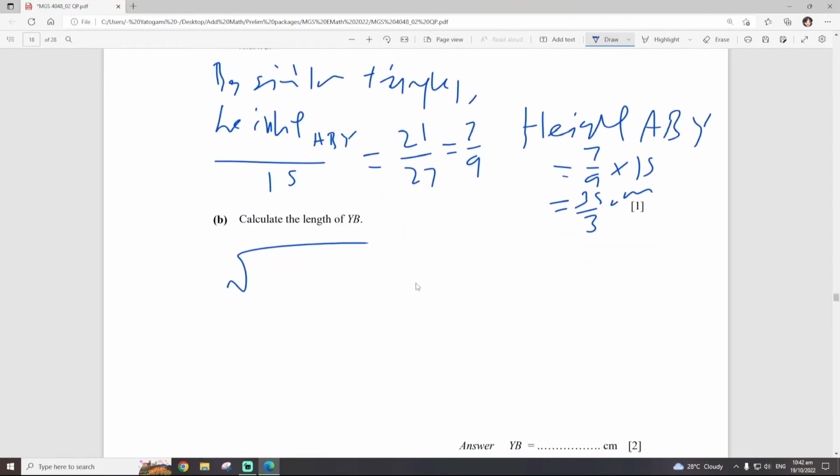So square root of (35 over 3) squared plus (15 over 2) squared. And this is 13.869, 5SF, so 13.9 3SF.